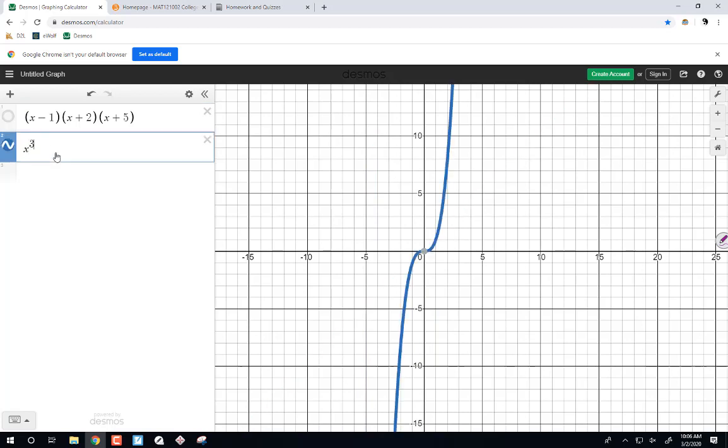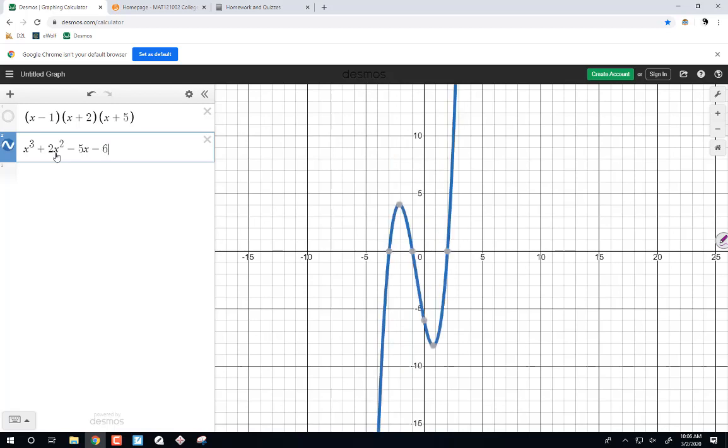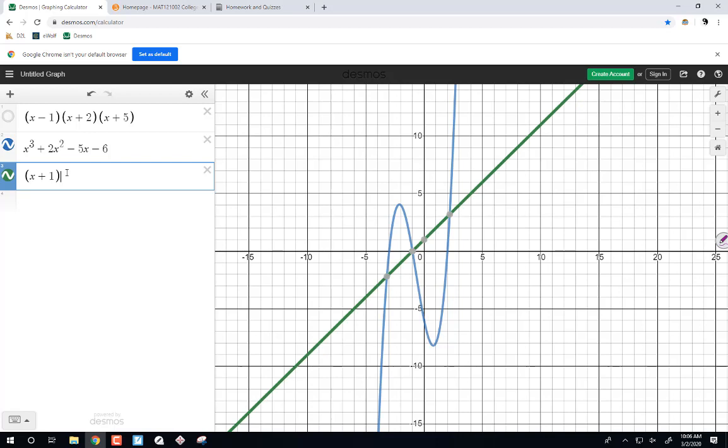And we'll just graph our function that's given to us. And so notice what we came up with was that function was the same thing as x plus 1 times x plus 3 times x minus 2.